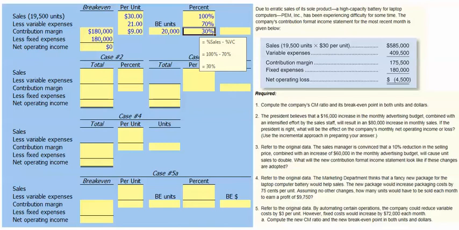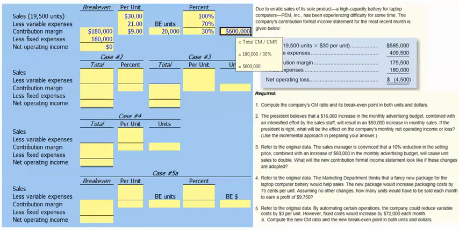In any event, this gives us our break-even point in terms of sales of $600,000. That's the $180,000 contribution margin divided by our contribution margin ratio. So PEM has a 30% contribution margin ratio, and its break-even point in units is 20,000 units and $600,000 in sales. That $600,000 could have also been calculated by multiplying our 20,000 units by our $30 per unit selling price.